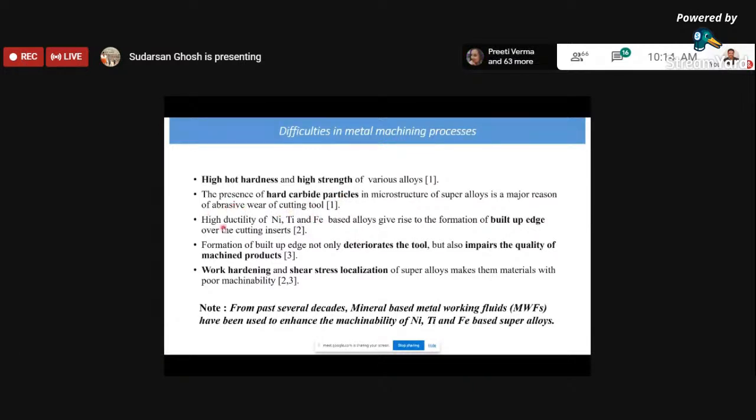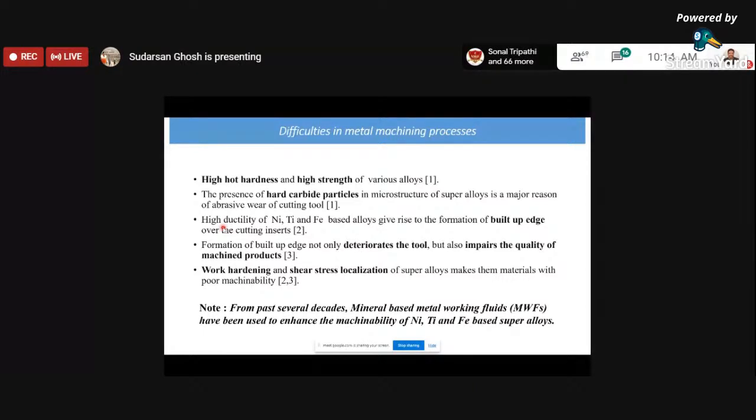So during the machining of these alloys, which we can also call super alloys, with standard cutting tools, there is a good amount of wear on your cutting tool surface. Once you have high wear, after some time you need to stop the machining process and change the cutting tool.